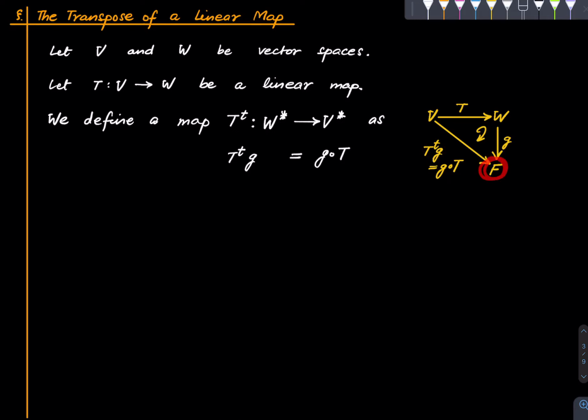And since this is going into the base field, this is indeed a linear functional on V, and thus T transpose G indeed lies in the dual. So it is legitimate to use this notation. So this is how we define T transpose, and just to expand this, it says that if you feed a vector v to T transpose G, what you get is G of Tv. So that's what the above thing reads. This is for all vectors in the vector space V.